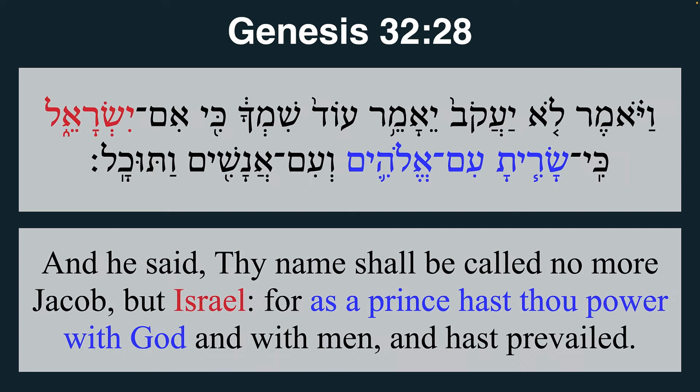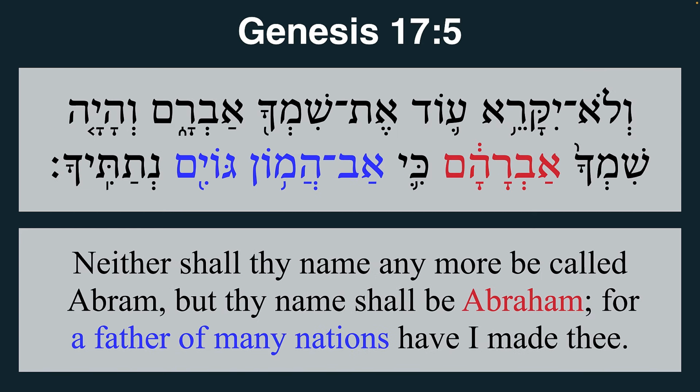So this is the first example. Obviously, in this very example, I have not mentioned here on the screen, but we have Sarah. Her name was Sarai, and the name was changed to Sarah because she was going to have a child. She was barren before, now she's going to have a child. And so the name change coincided with the change in destiny or the change in role.